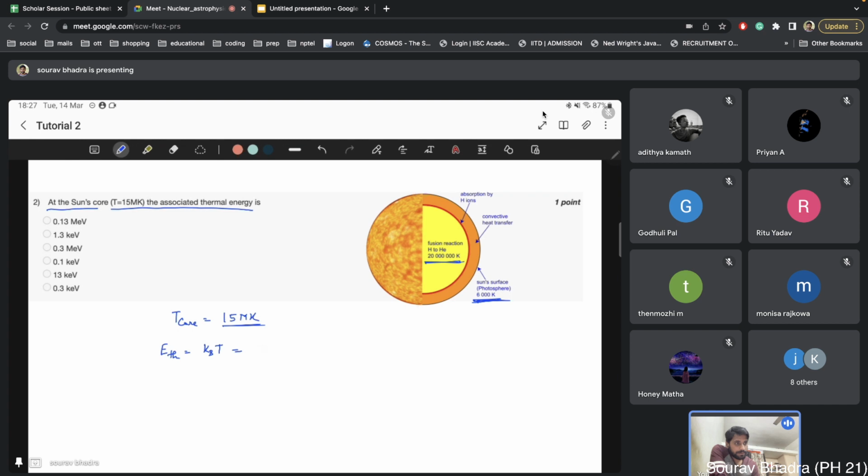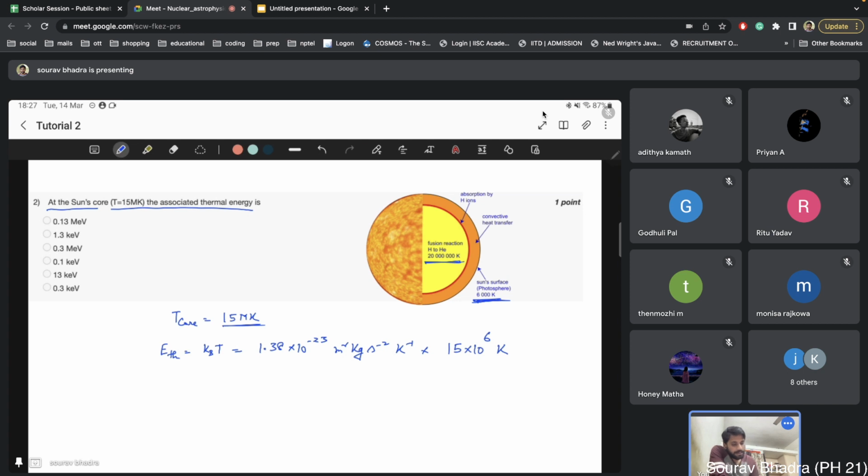So the value of kB is 1.38 times 10 to the power minus 23 meter square kg second to the power minus 2 Kelvin inverse, times the temperature, which is 15 million Kelvin, that means 15 times 10 to the power 6 Kelvin.